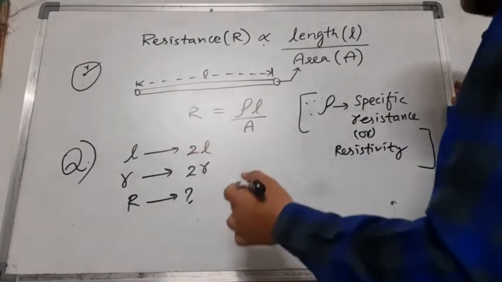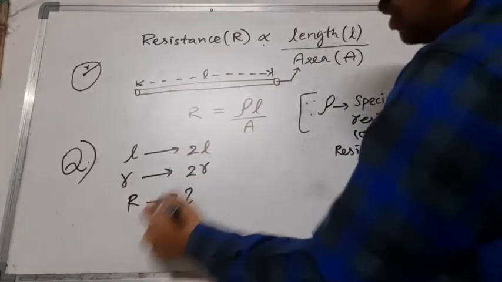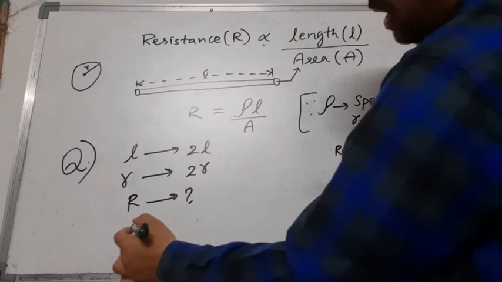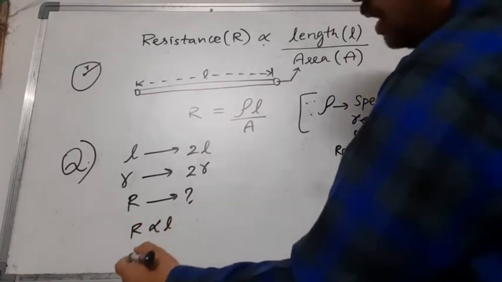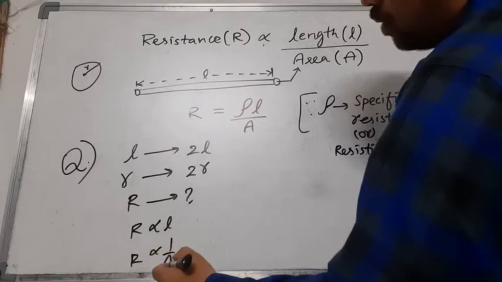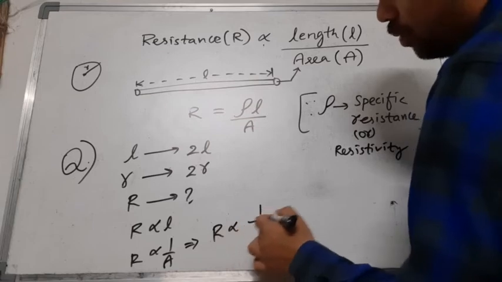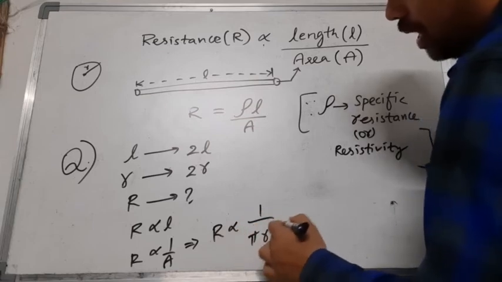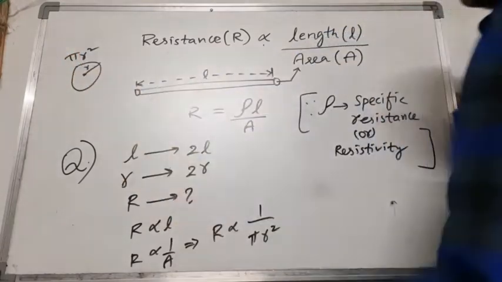So for that, we already know that R is directly proportional to length, and R is inversely proportional to area. That means R is inversely proportional to pi r square. If the area is in circular form, the area of circle is pi r square, right?